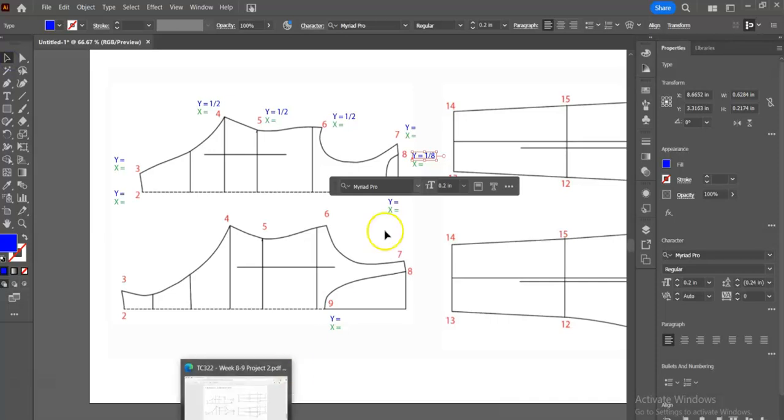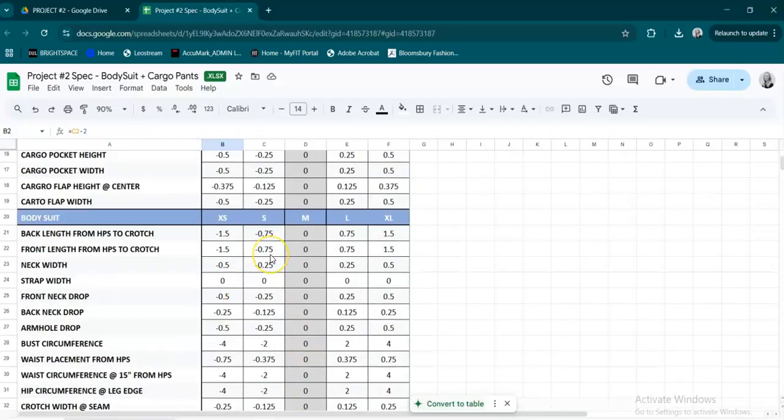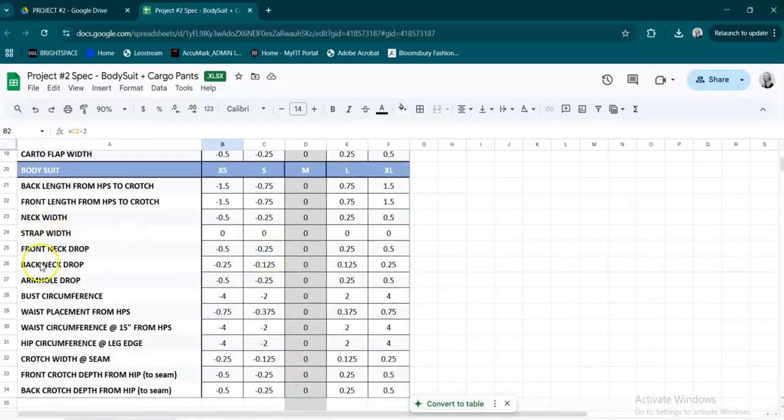Now, for the 7 rule, we have to take into consideration if we have a shoulder width. However, because this is a bodysuit, I have given you a strap width. The strap width is not grading at all. So if something doesn't grade, but it is referenced, one of the points on one side is grading, then the other point has to grade with it.